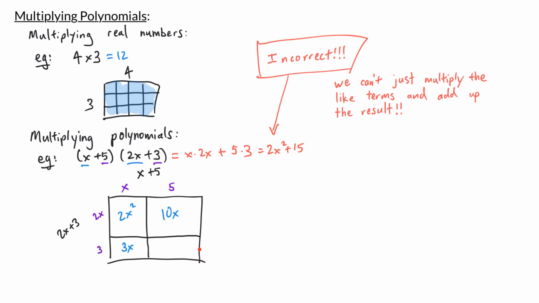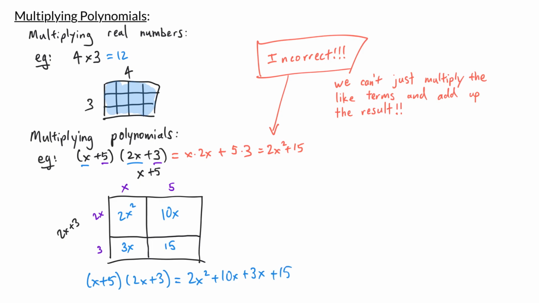Finally, the bottom right rectangle has width 5 and length 3, so the area there would be 5 times 3, or 15. So the product of the polynomials x plus 5 and 2x plus 3 is the area of the entire rectangle, which is the sum of the four smaller rectangles. So that's going to be 2x squared plus 10x plus 3x plus 15.